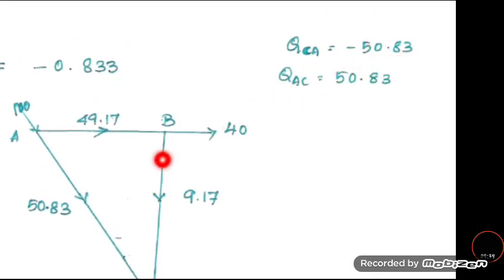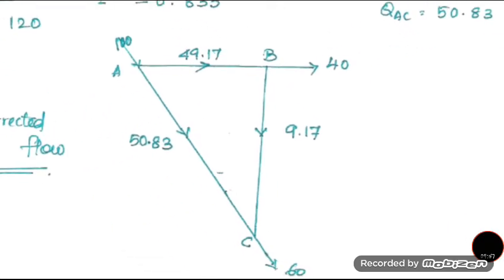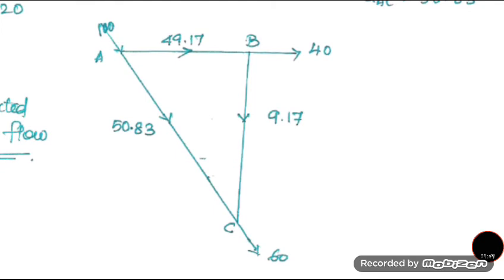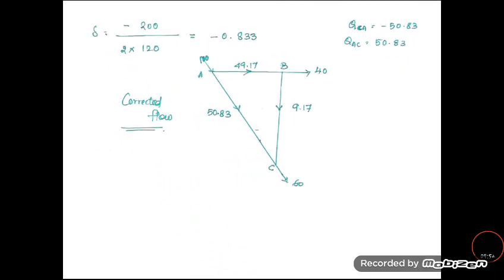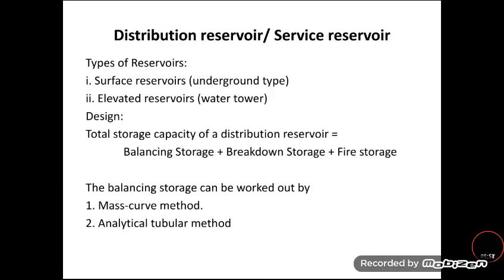For AC, from A to C, it is a positive sign. So the flow is towards C from A as 50.83, and in BC it is plus 9.17. This is the diagram which indicates the corrected flow.